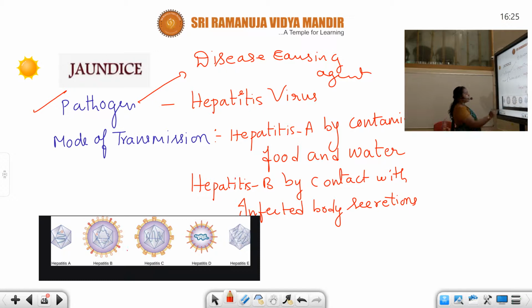Look at the picture: hepatitis A, B, C. There are different types of hepatitis viruses: A, B, C, D and E. Mode of transmission: hepatitis A spreads by means of contaminated food and water, whereas hepatitis B spreads by contact with infected body secretions like nasal secretions, tears and sweat. So there is a chance of hepatitis B spreading from one individual to another.